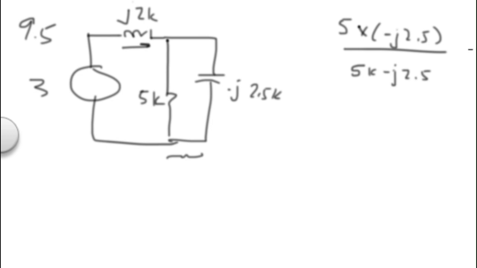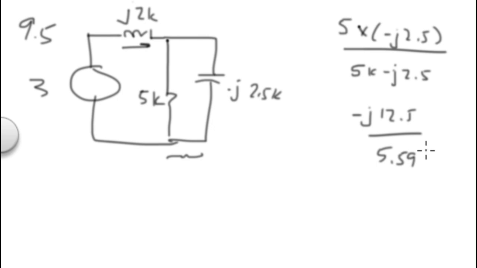So 5 times 2.5, that's 12.5, so minus J 12.5 over 5 minus J 2.5. So it's 5 R to P 2.5 with a minus sign in front of it equals 5.59.